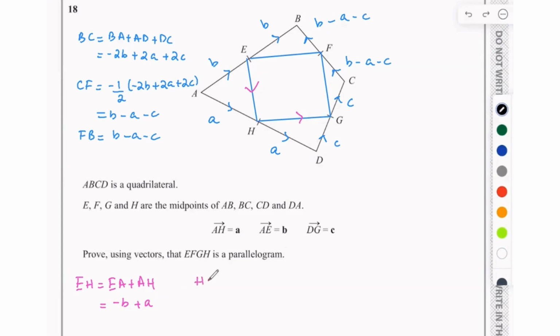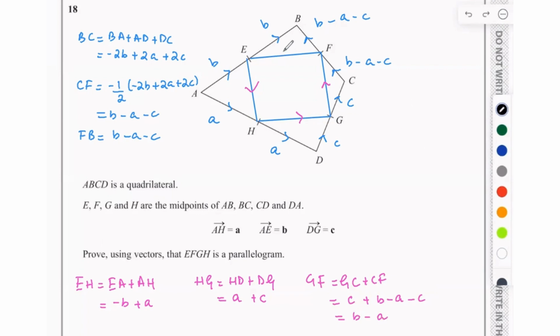HG is going to be HD plus DG. HD is A and DG is C, so A plus C. Then I'm going to find GF. GF is going to be GC plus CF. That is C plus B minus A minus C, which is going to be B minus A.